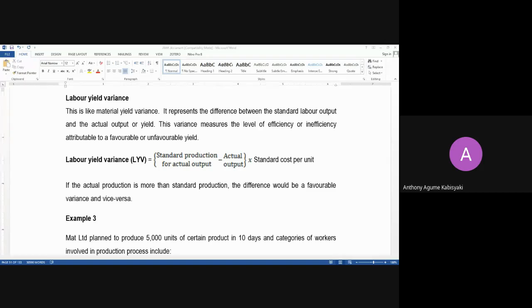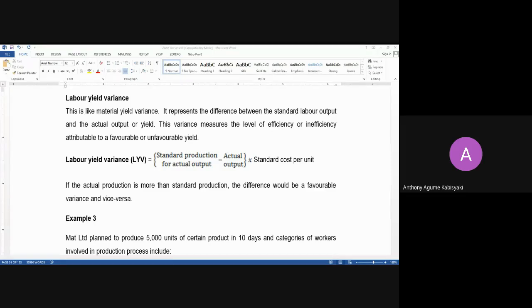What does it mean? I beg your pardon, sir. I've said if the actual production is more than the standard production, the difference would be favorable, a favorable variance. And then I've said and vice versa.